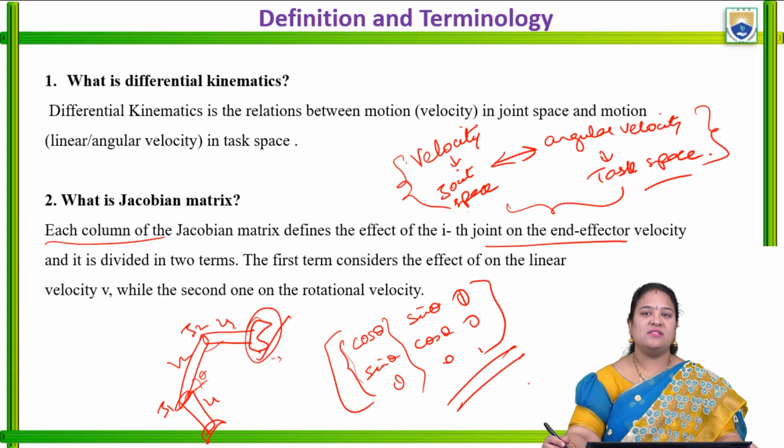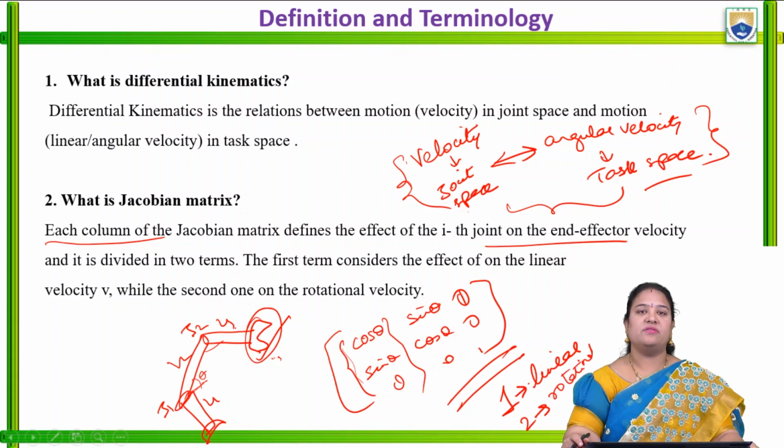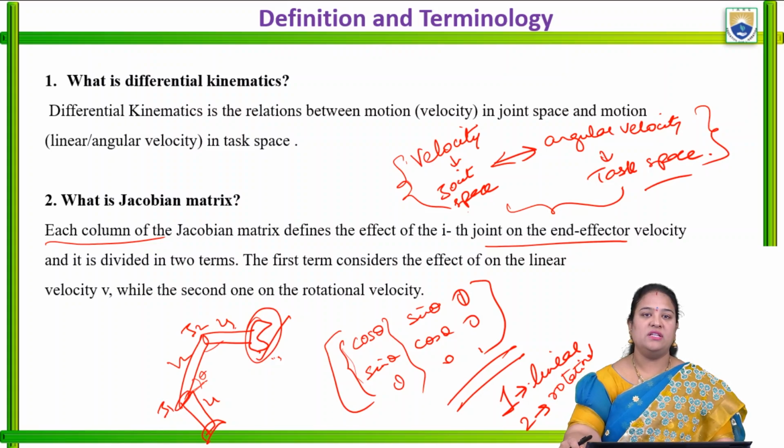The first term consists of the effect on the linear velocity v, while the second depends upon the rotation. The first term is considered with the linear velocity, whereas the second term is considered with the rotational velocity, right?